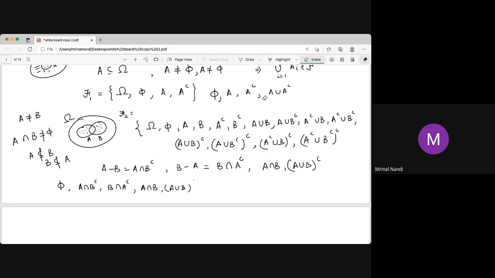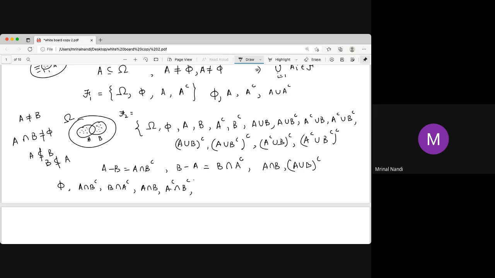You can write this in a better form: A complement intersection B complement. So in the intersection form, it is either A or A complement, B or B complement, and their intersection. These are the atoms. Phi is not an atom. These four are atoms. So you take just one atomic set, then phi.